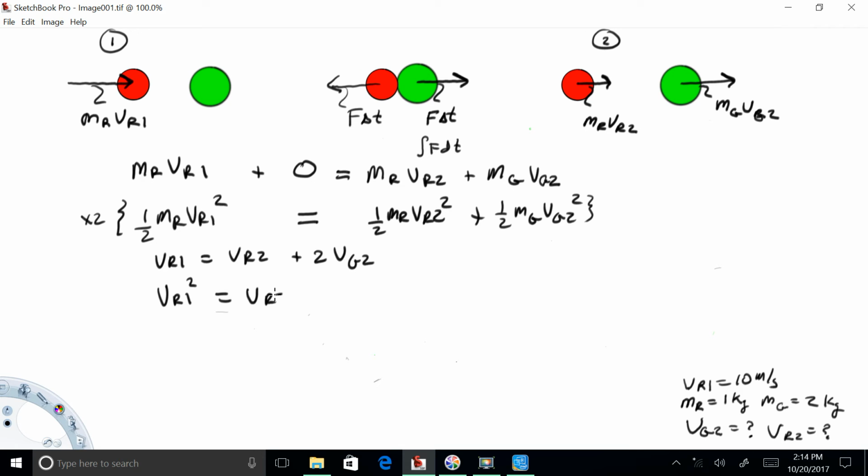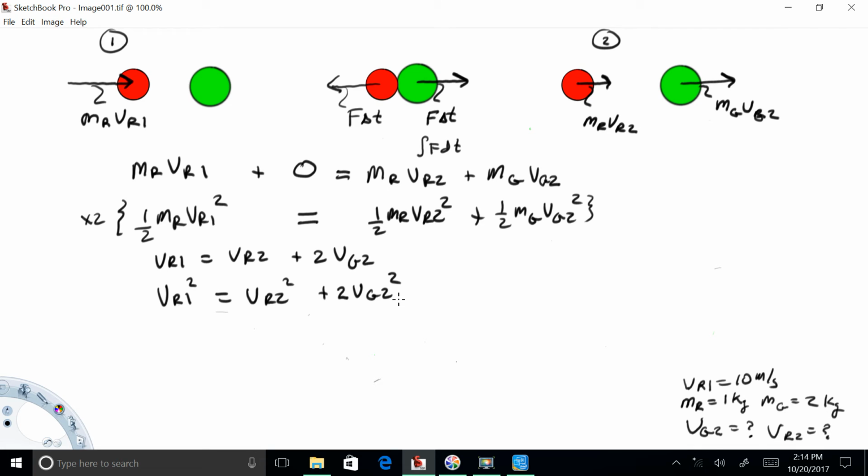So we're going to have VR2 squared plus, multiply by 2, that'll cancel this. Mass G in my example is 2 kilograms. And again, times VG2 squared. Here's my kinetic energy equation now after I've cleaned it up a little bit.